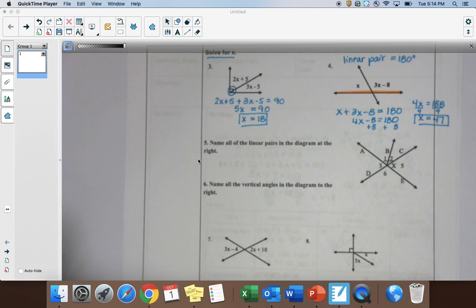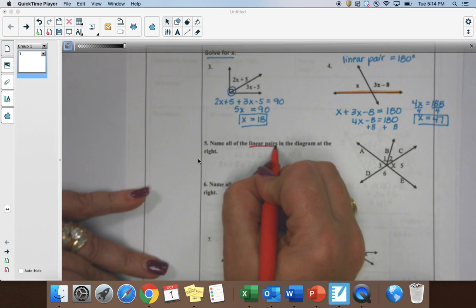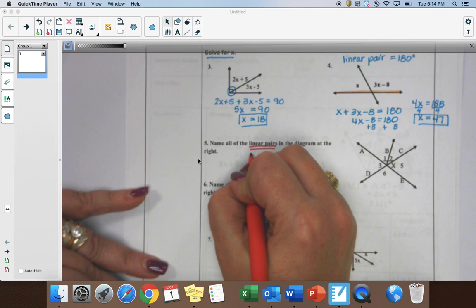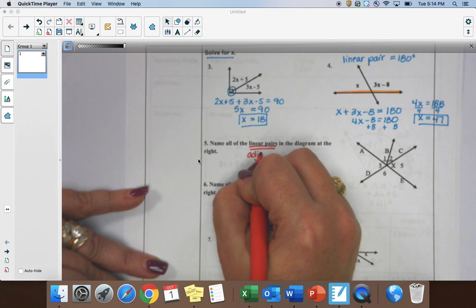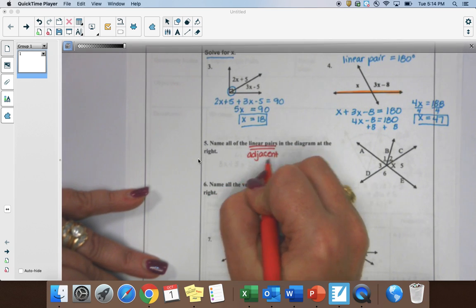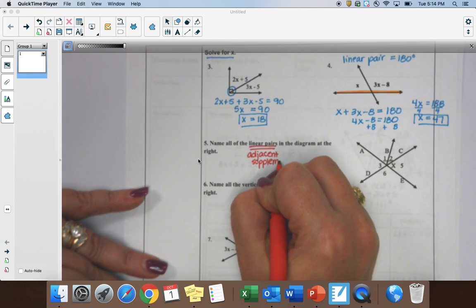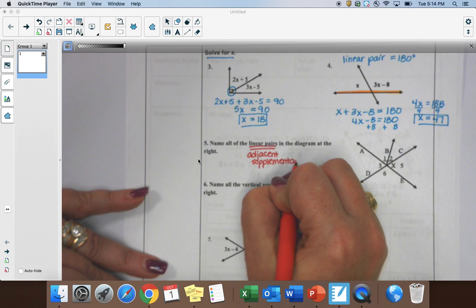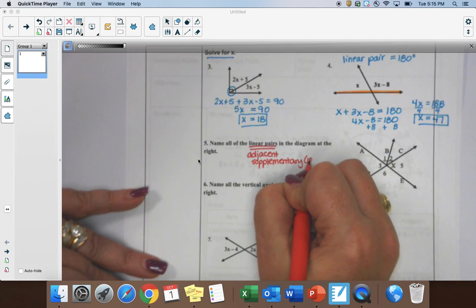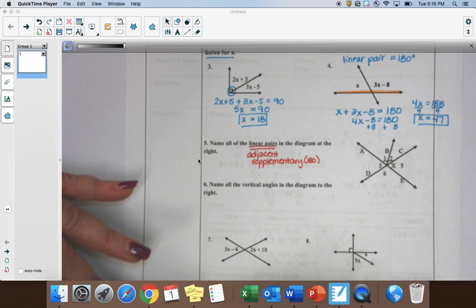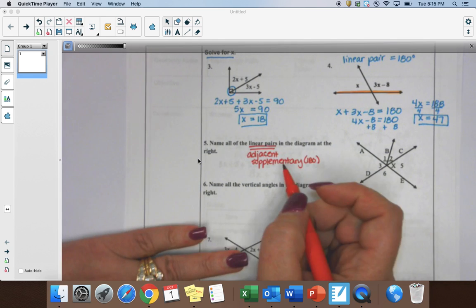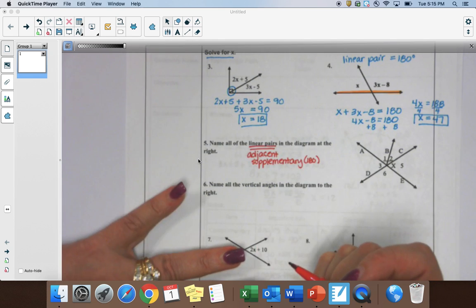There's a lot of vocabulary, so that means you need to remember what a linear pair means. Linear pair means adjacent, and it means supplementary. So you're looking for those angles that form a straight line that add up to 180 degrees. And so we want to look.